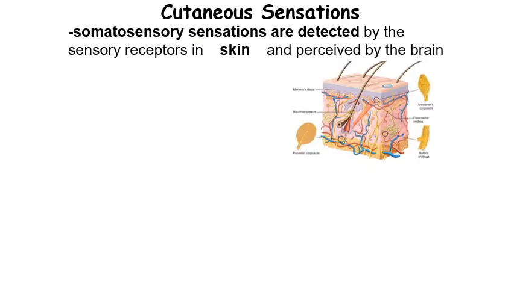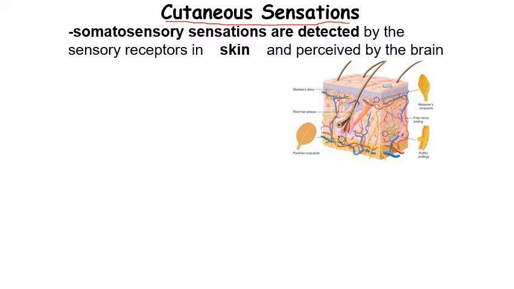Our senses can be classified into two categories based on where the sensation is coming from and located. We have our general senses, such as our cutaneous sensations and proprioception. We have sensors in our joints to let us know where our joints are located or at what angle.